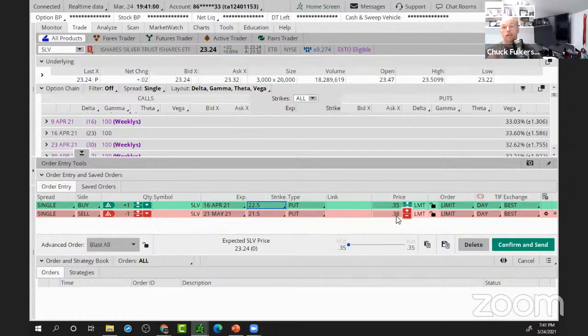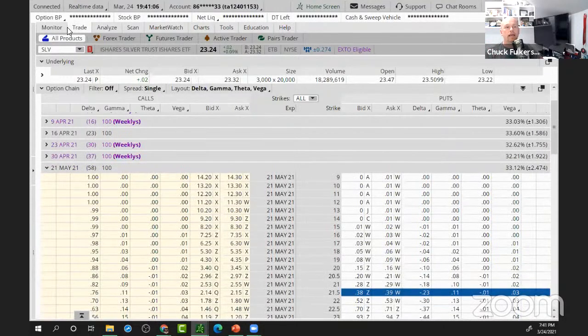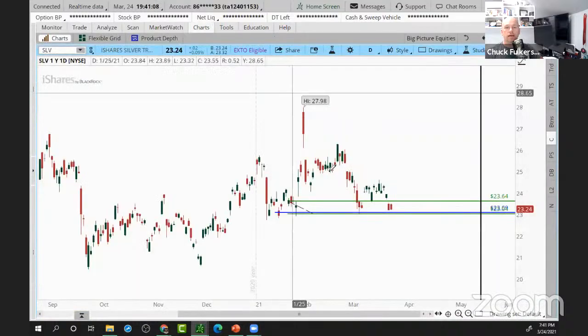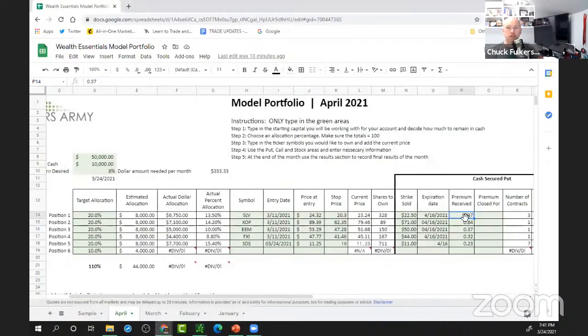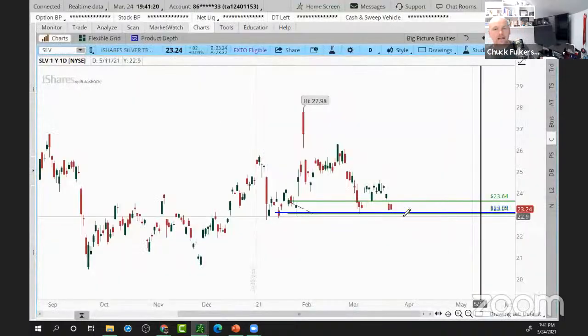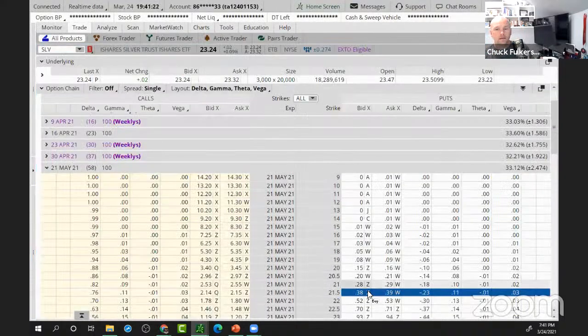Well, not really. Now, I can do it as a 3-cent credit and just put them all together, right? But if I buy to close this position for 35 cents, now I've got the 2-cent credit. And then I sell to open the 2150s for 38 cents.